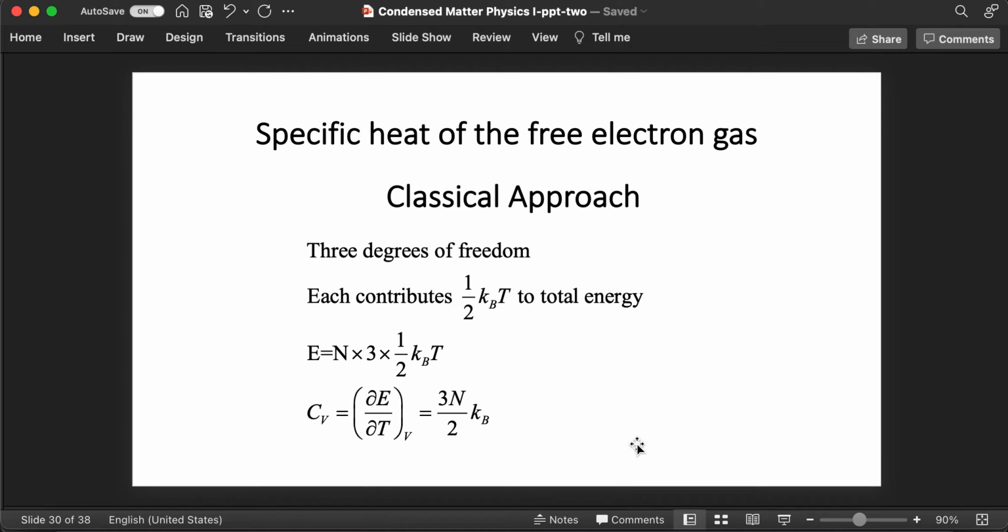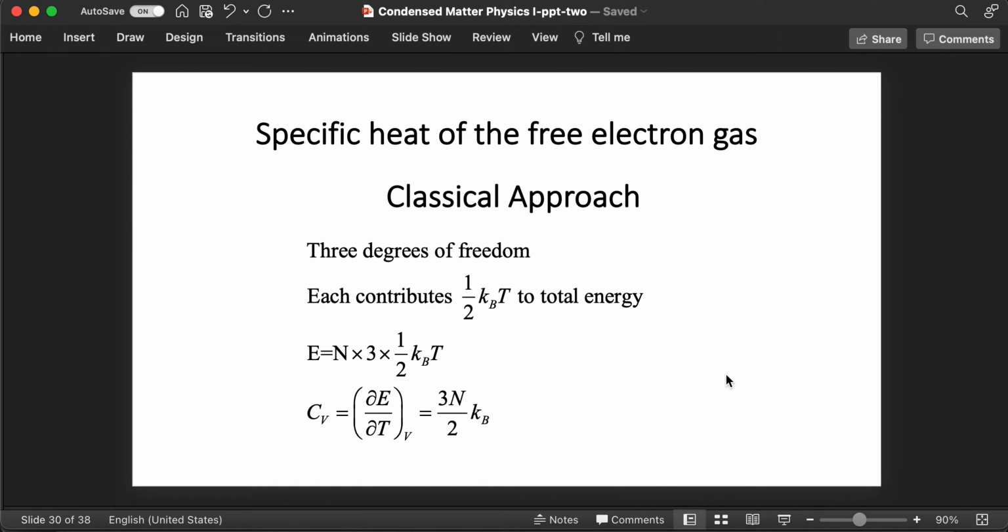The ionic contribution, that is, the lattice vibrations, exponentially decays at low temperatures. So then the electronic specific heat dominates, and at low temperatures you are able to calculate it, and that electronic specific heat scales as the temperature. It goes as T. Whereas in the classical approach, it's a constant, and there is no temperature dependence at all. So it's a big failure.